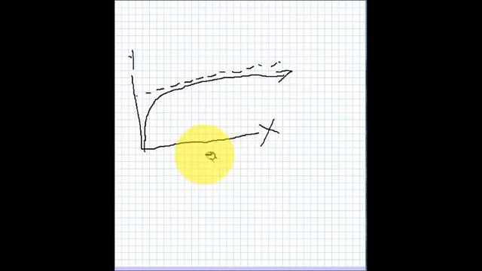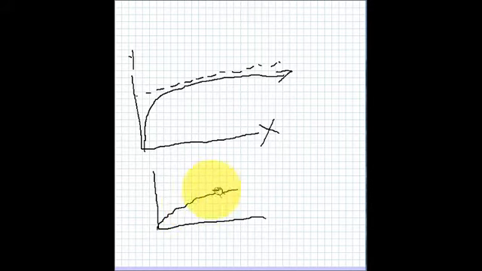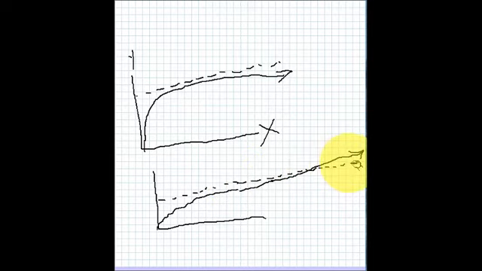Now, this is not to be confused with an equation that looks like this, where it gets closer and closer, but then like a million years later it eventually crosses. That is not an asymptote. In order to be an asymptote, it has to forever and ever get closer and never cross.